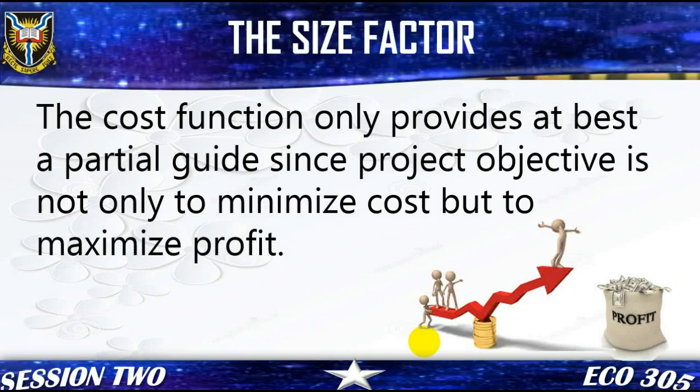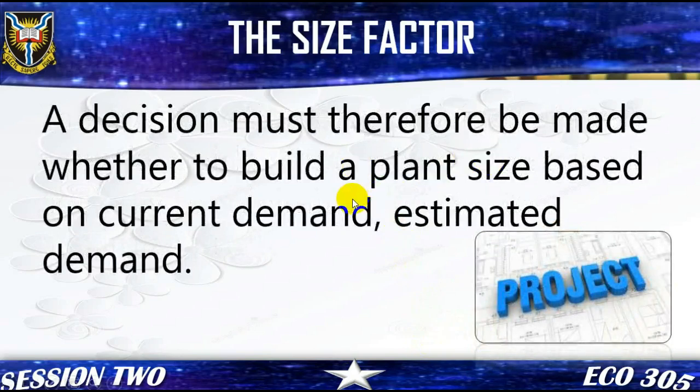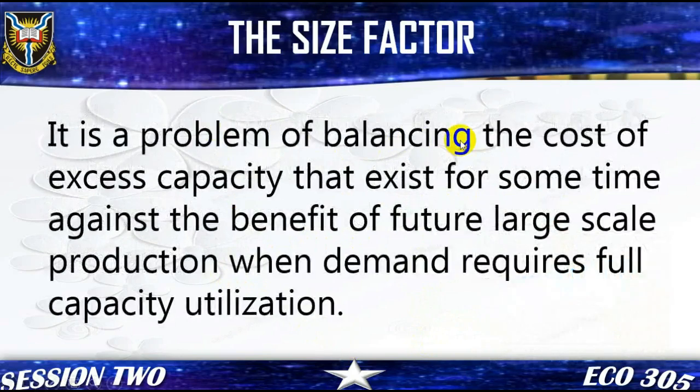A decision must therefore be made whether to build a plant size based on current demand, estimated demand for the next few years, or estimated demand for a fairly long period. It is a problem of balancing the cost of excess capacity that may exist for some time against the benefit of future large-scale production when demand requires full capacity utilization.